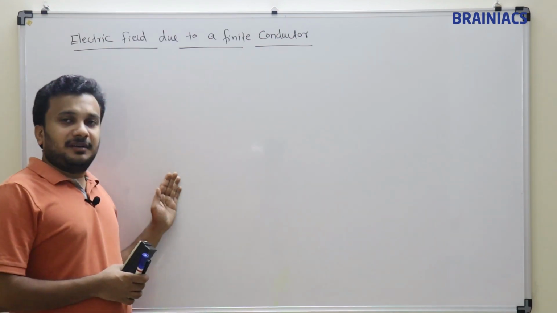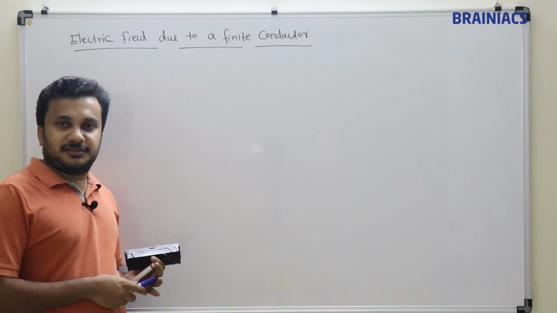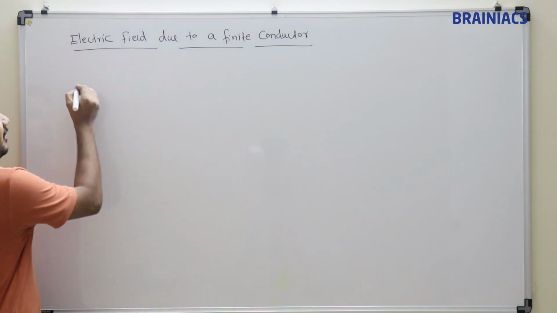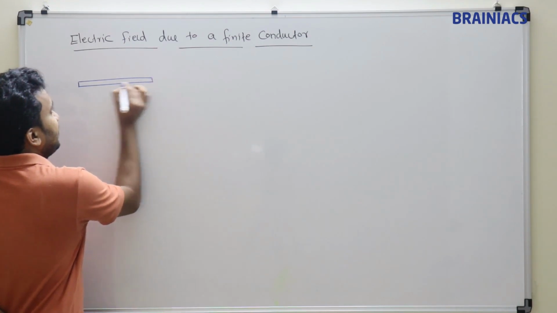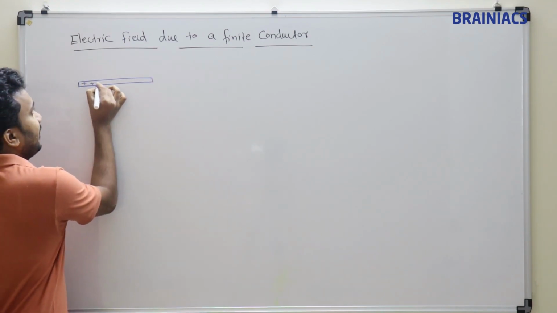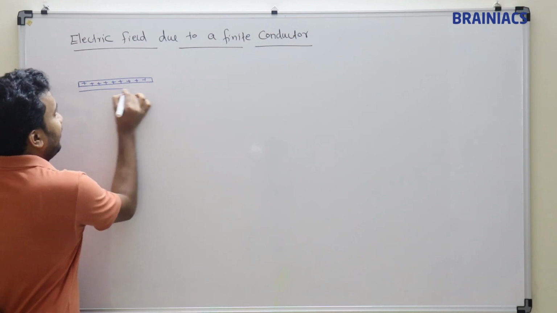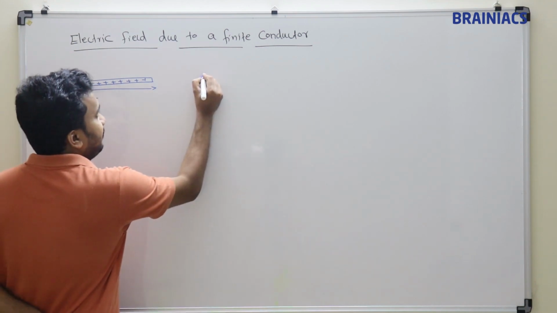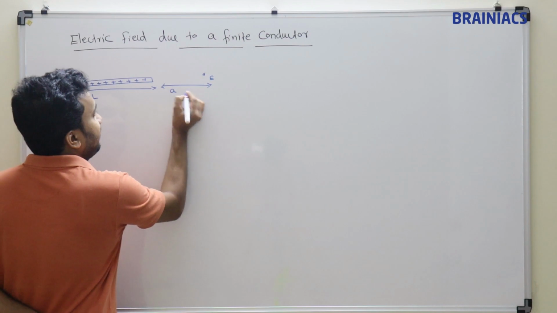We already learned something related to finite conductor in the last videos also, and hope you remember these cases. For a continuous charge distribution, electric field due to a wire of length L meter, and we are finding the electric field at this point, which is a meter away.